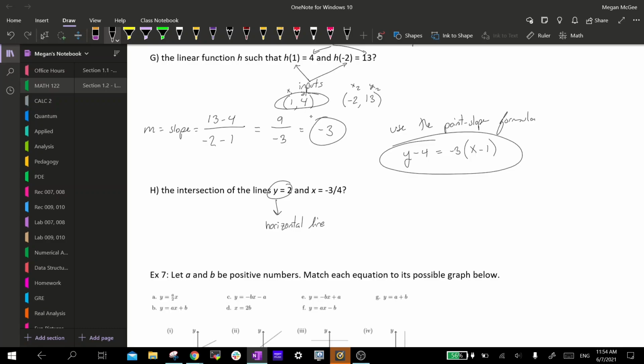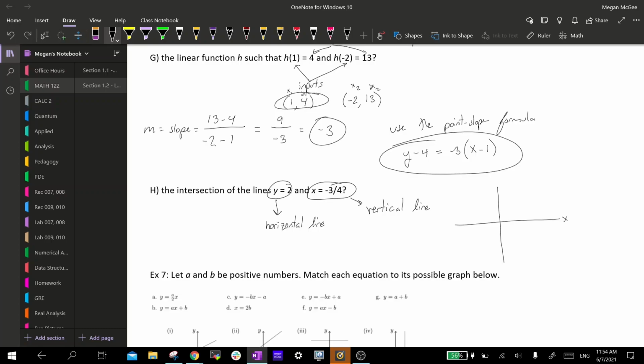And how about x is equal to negative 3/4? Well, that is a vertical line. It actually doesn't have a slope. It's completely undefined, right? So where do these two lines meet?